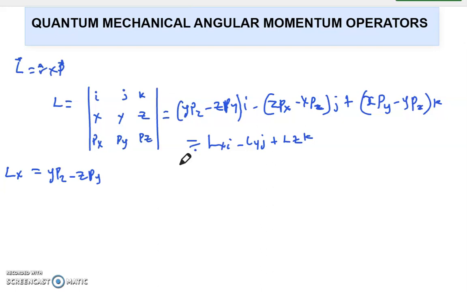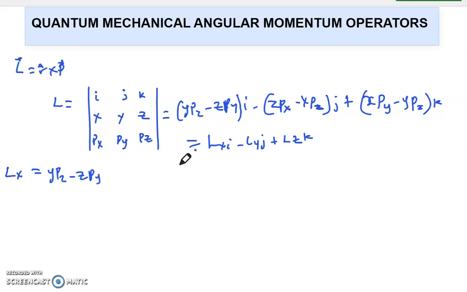Quantum mechanically, as we always say, all four quantities are operators, since the product of two operators is an operator and the difference of operators is another operator. So we expect the component of this angular momentum to be an operator.